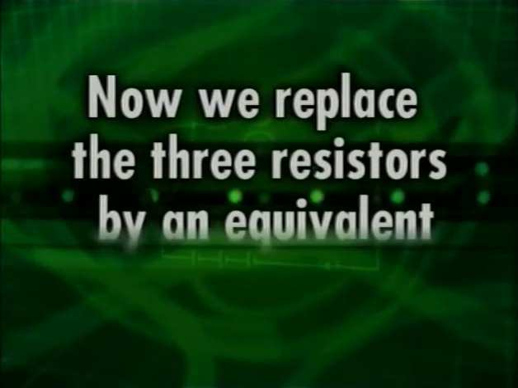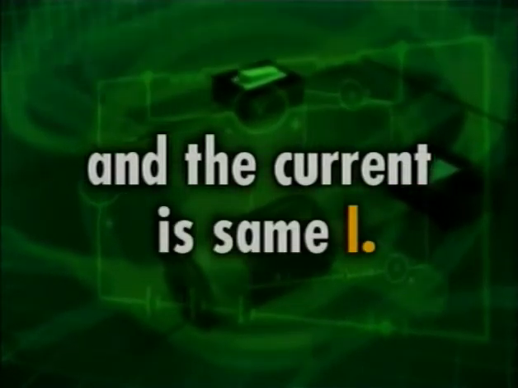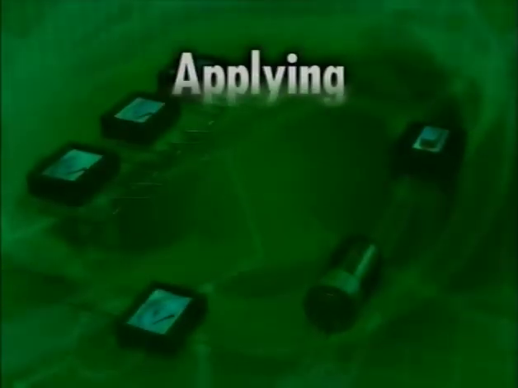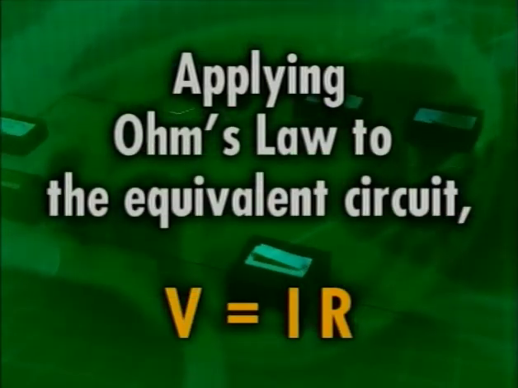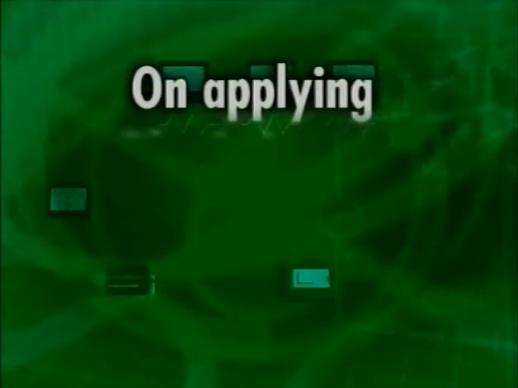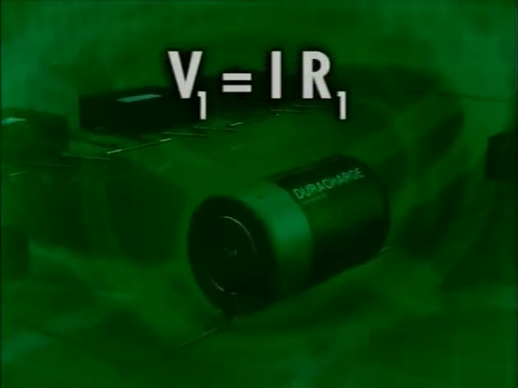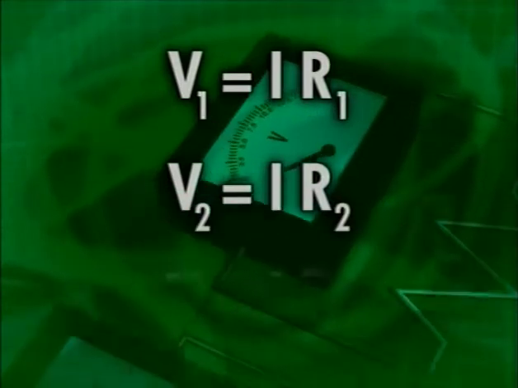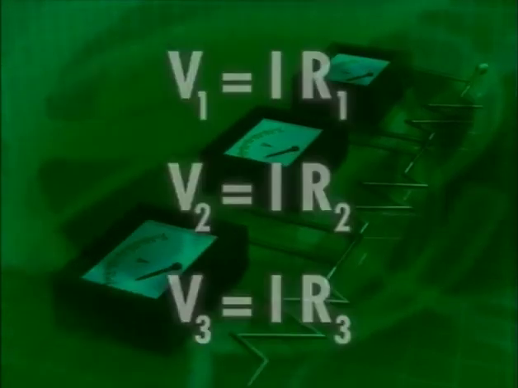Now, we replace the three resistors by an equivalent single resistor R. And the current is the same, I. Applying Ohm's law to the equivalent circuit, V is equal to IR. On applying Ohm's law to the three resistors separately, V1 is equal to IR1, V2 is equal to IR2, and V3 is equal to IR3.